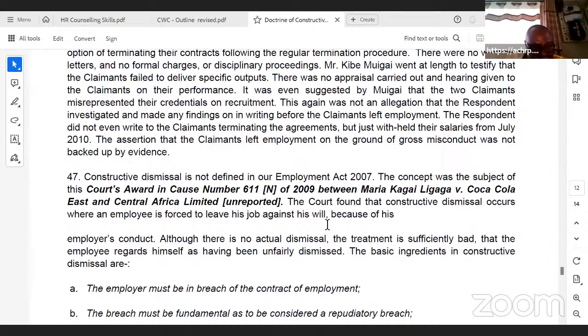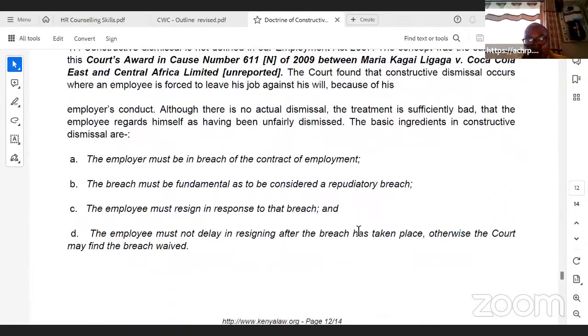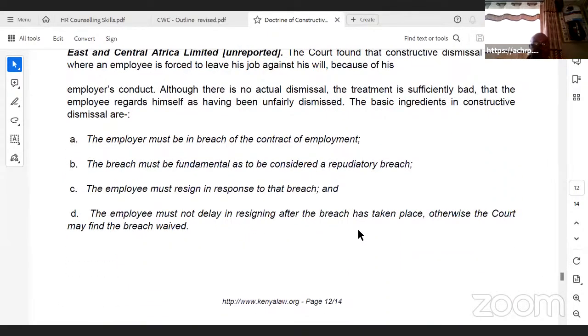That this is because of his employer's conduct. Although there is no actual dismissal, the treatment is sufficiently bad that the employee regards himself as having been unfairly dismissed. The basic ingredients in constructive dismissal are: A, the employer must be in breach of the contract of employment.